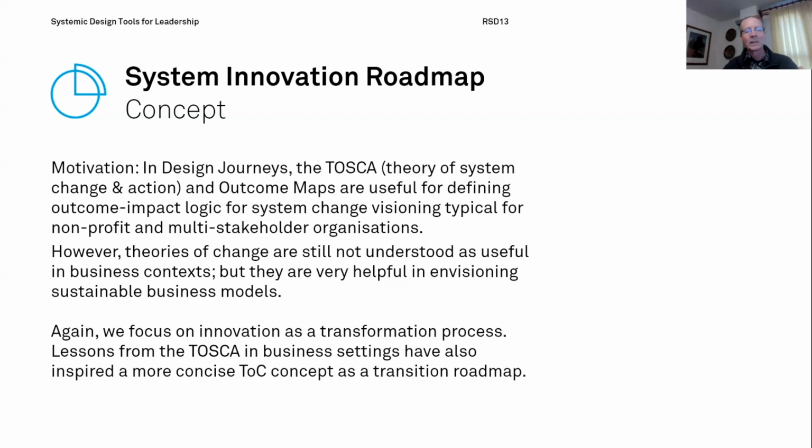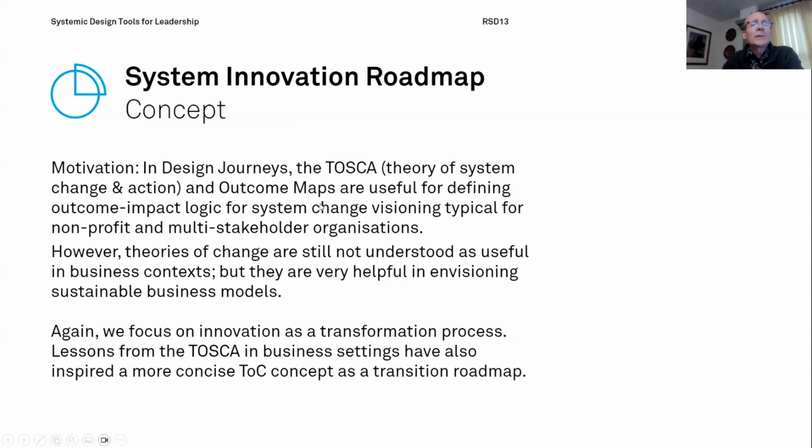There might be multiple change programs that are part of a strategy, but not as a group that is part of system change. So this is the translation of a theory of change model to more of the innovation context, so that it could possibly be used by private sector companies.